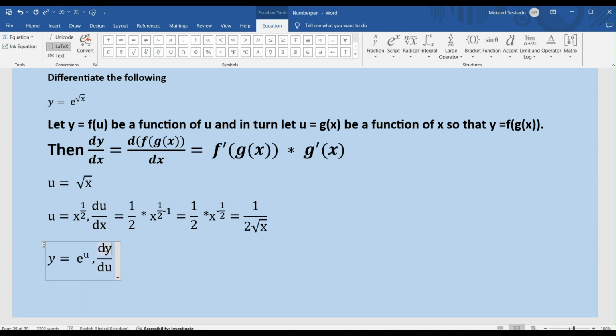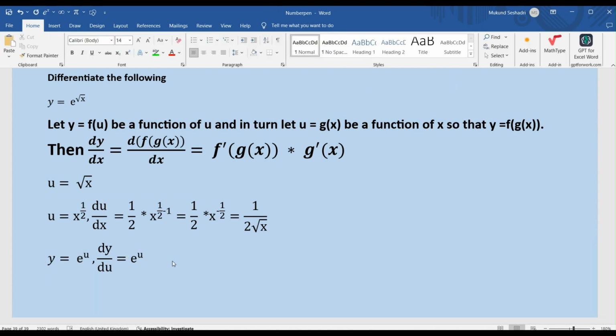We have worked this out earlier using first principles, and I request you to take a look at my video. I will put a link to that particular video in my description. So my dy by du of e to the power u is nothing but e to the power u. So let's copy that. Now I have my dy by du, and I have my du by dx.